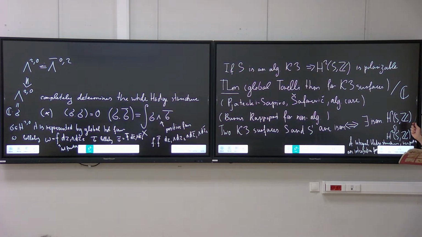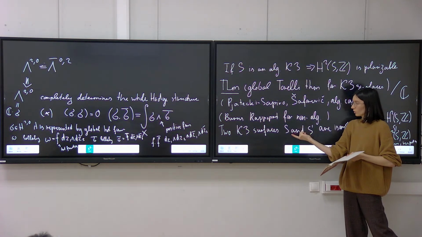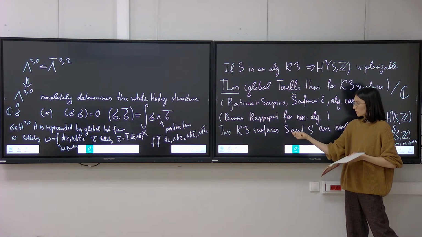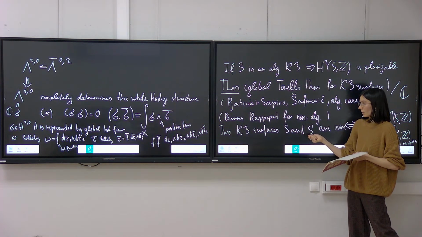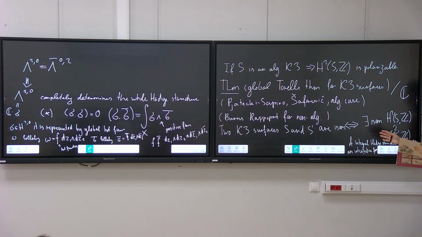Note that here this isomorphism is not always induced from an isomorphism of S and S prime. And to formulate a more precise statement, I need to explain what the Kähler cone is.